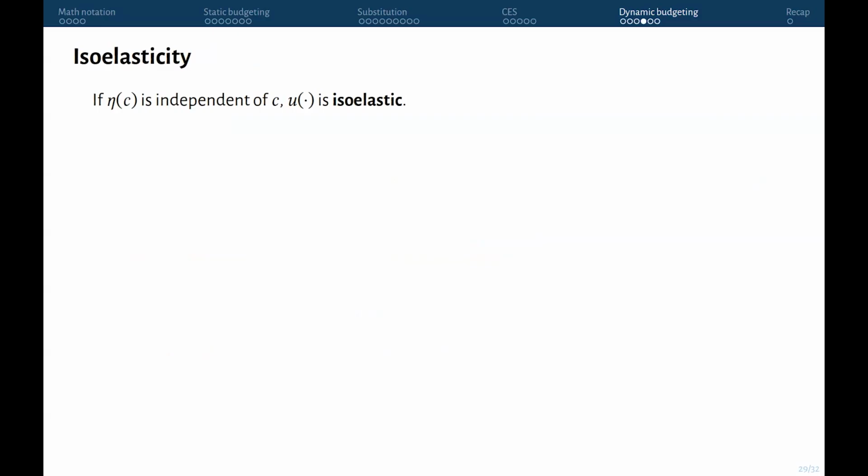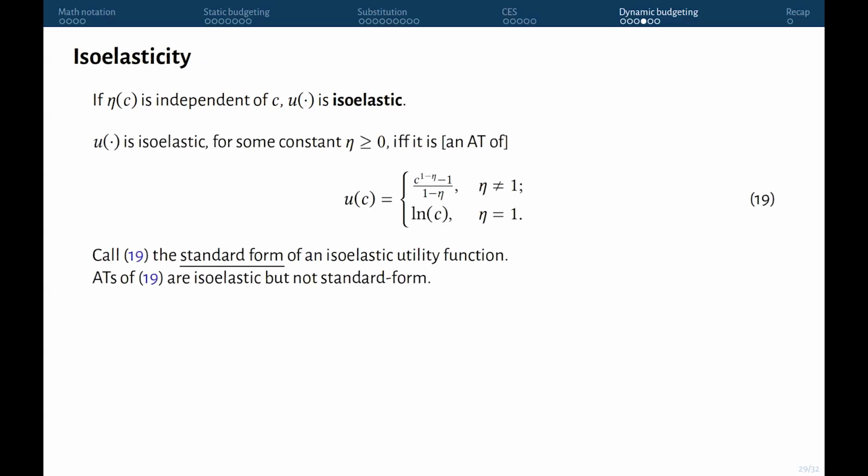Now, if that inverse elasticity of intertemporal substitution is independent of the consumption level you're starting at, so no matter how much consumption you start with, it's always true that every time you increase your consumption by 1%, your marginal utility falls by like 2% or whatever, then we say your utility function is isoelastic.